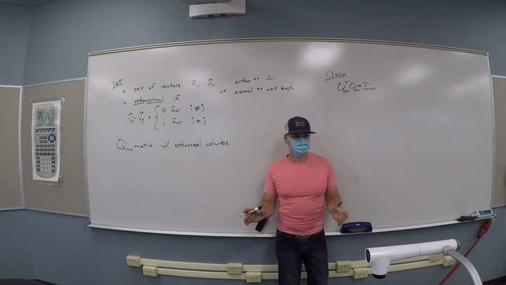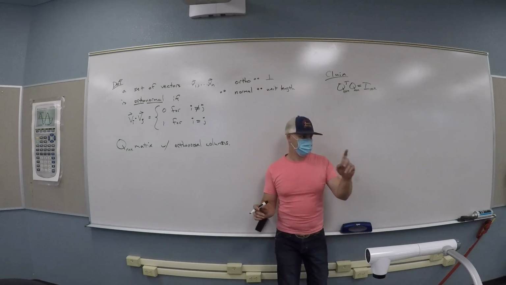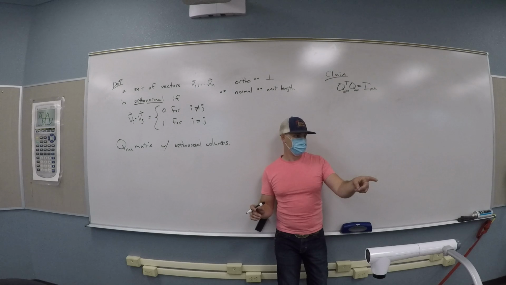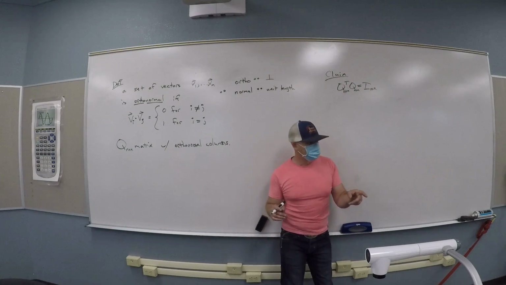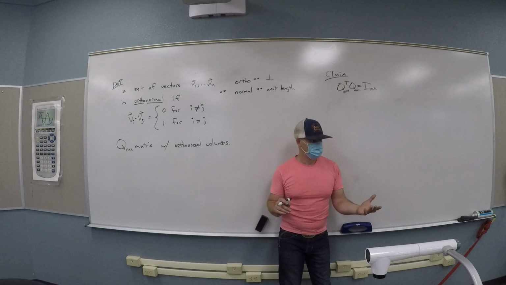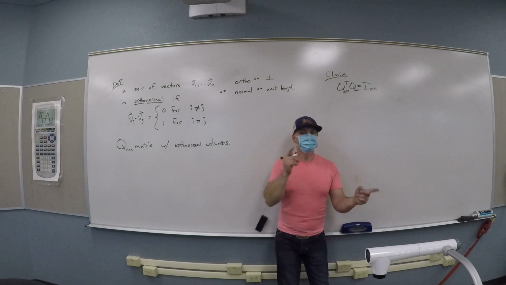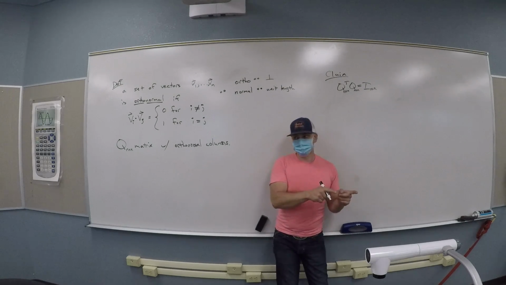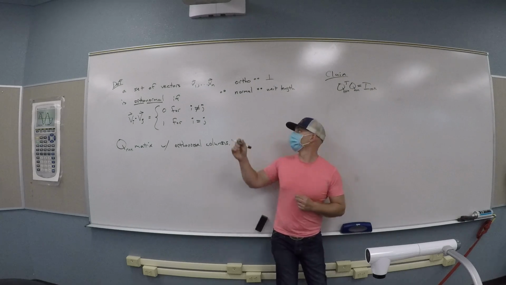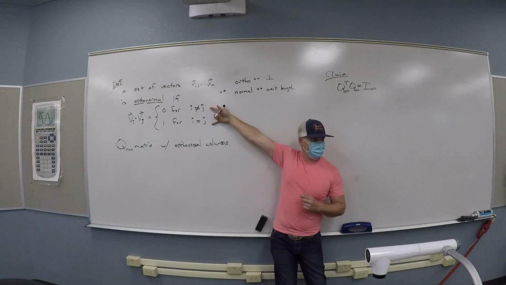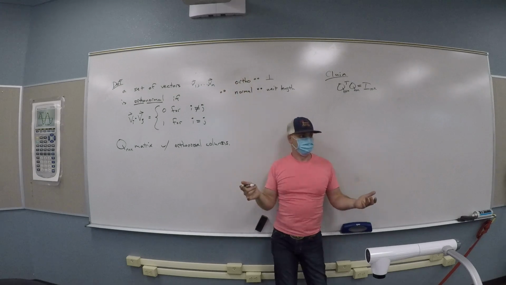That the dot products are ones and zeros. The dot products of what? The columns. Good. I know that the columns are an orthonormal set, and I know that orthonormal sets have this property.